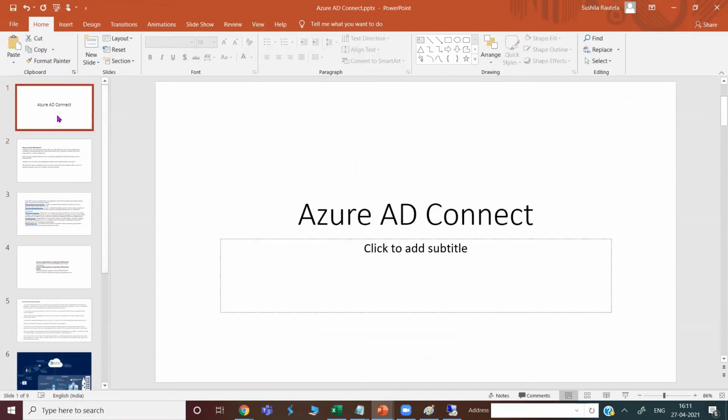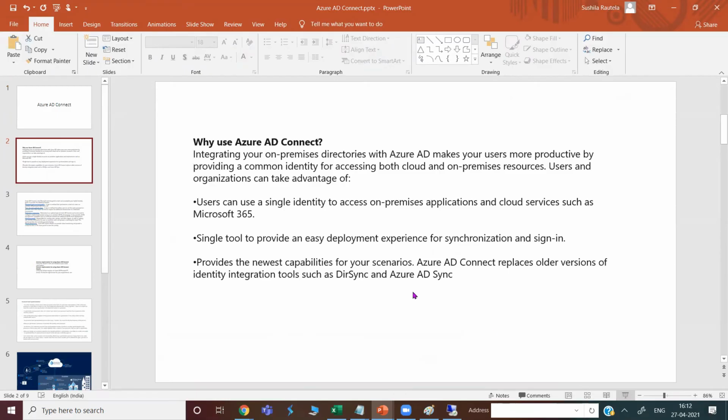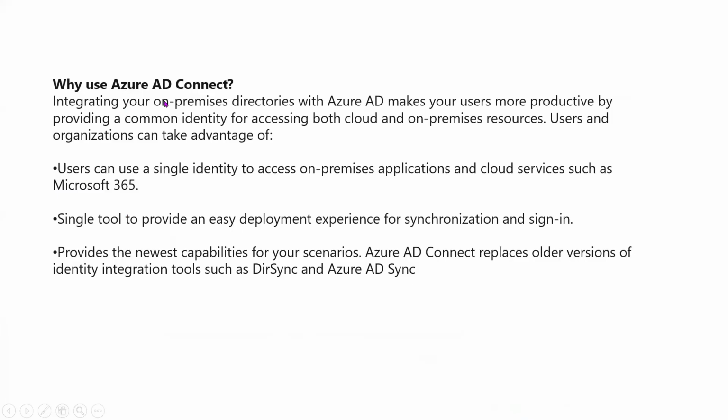Okay, so when we are discussing Azure AD Connect, these are some of the points. Integrating your on-premises directories with Azure AD makes your users more productive by providing a common identity for accessing both cloud and on-premises resources. With the help of Azure AD Connect, you are integrating your on-prem with your Azure AD. In this case, you will use a common identity.